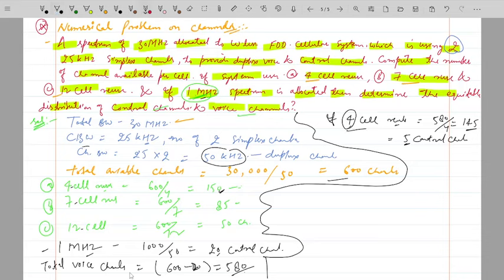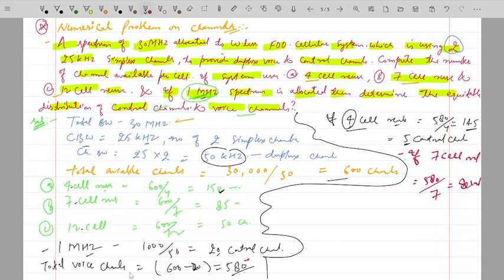In the next condition, if we use the 7 cell reuse system, then the total voice channels that we have, 580, are divided by 7, and we will get 82 voice channels here.